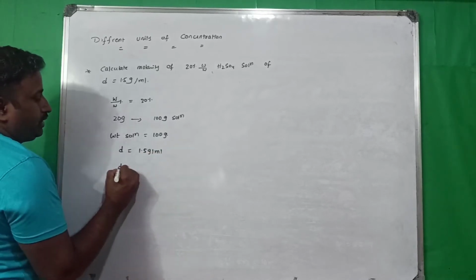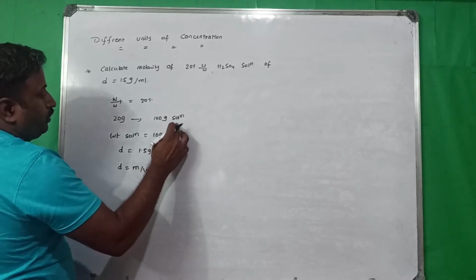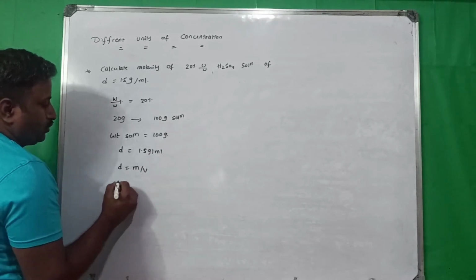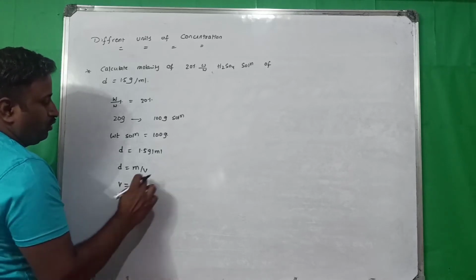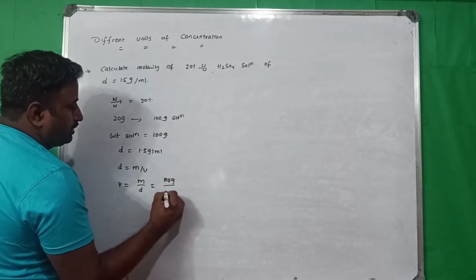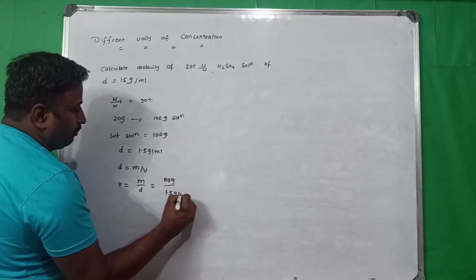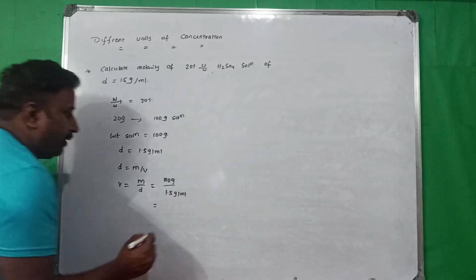Now D is equal to M by V. We have weight of solution, we have density. So V is equal to M upon D. The volume is equal to mass by density. Mass is 100 grams, density is 1.5 gram per ml. Now 1.5 can be written as 3 by 2.